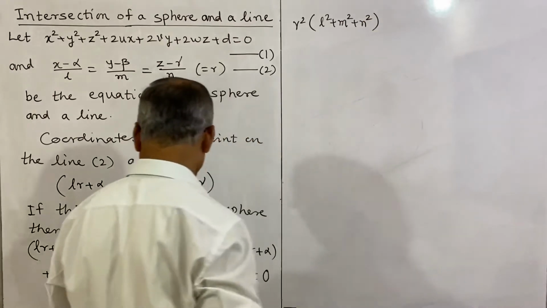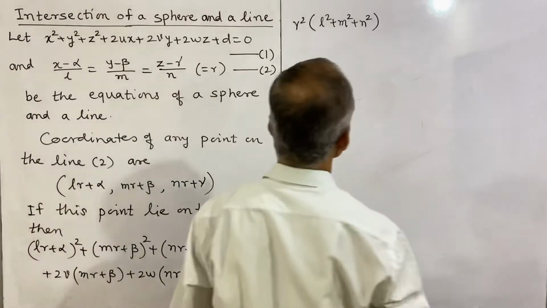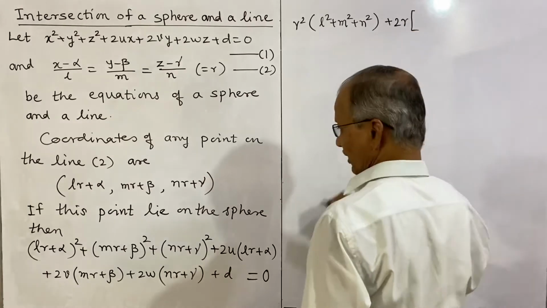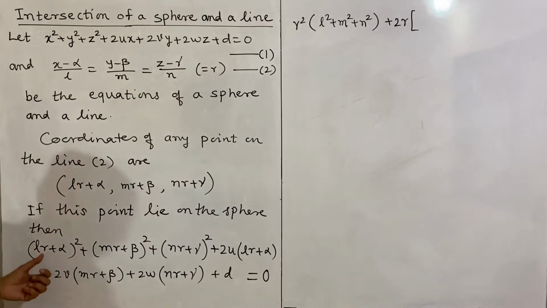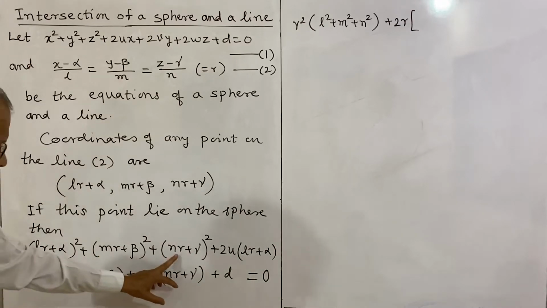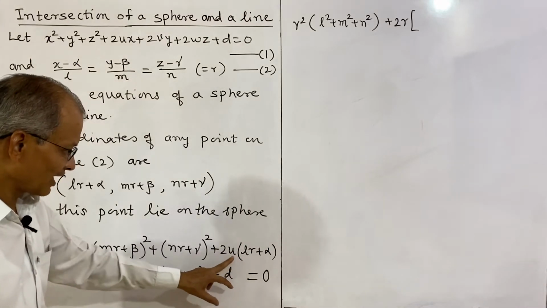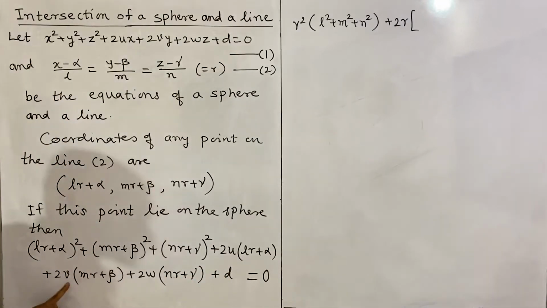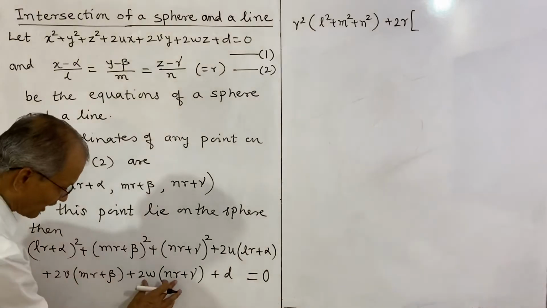This will remain in bracket, and next what we will consider is 2R common. In bracket, what will remain is the 2R terms: 2R L alpha, 2R M beta, 2R N gamma, and the term 2R into UL, then 2R into Vm, 2R into Wn.